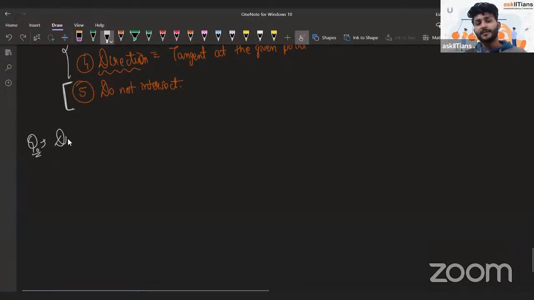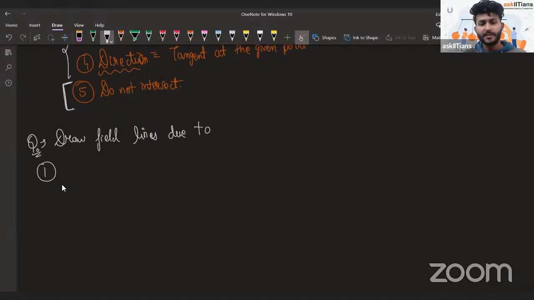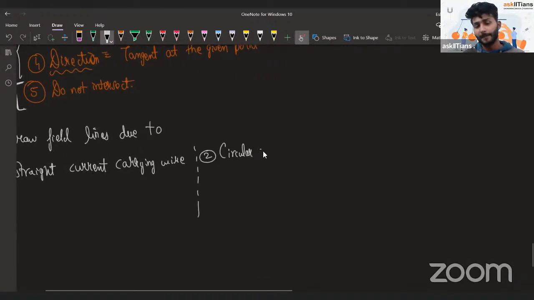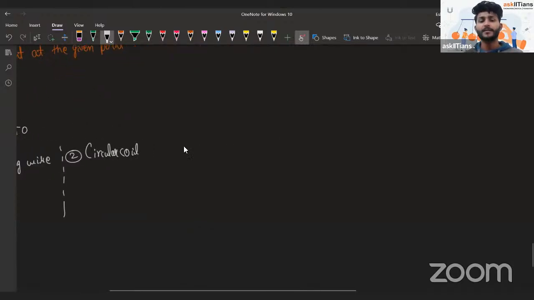The question will be to draw the field lines due to a straight current carrying wire. Second will be due to a circular coil. And third, if this is asked, we should be prepared for a solenoid.